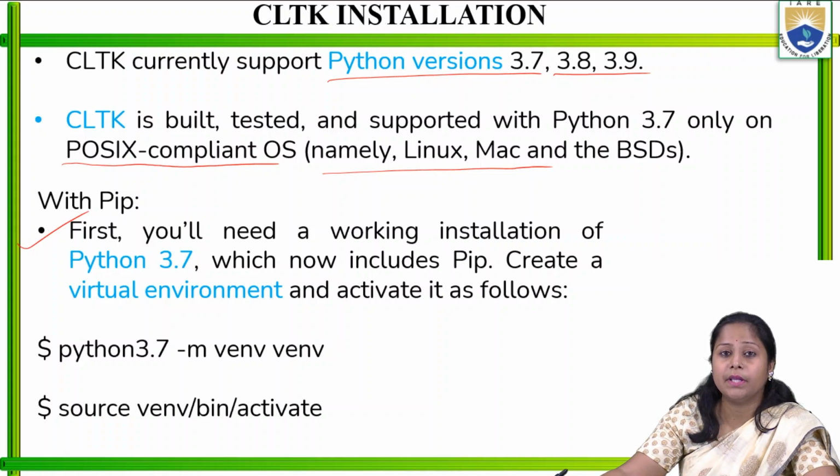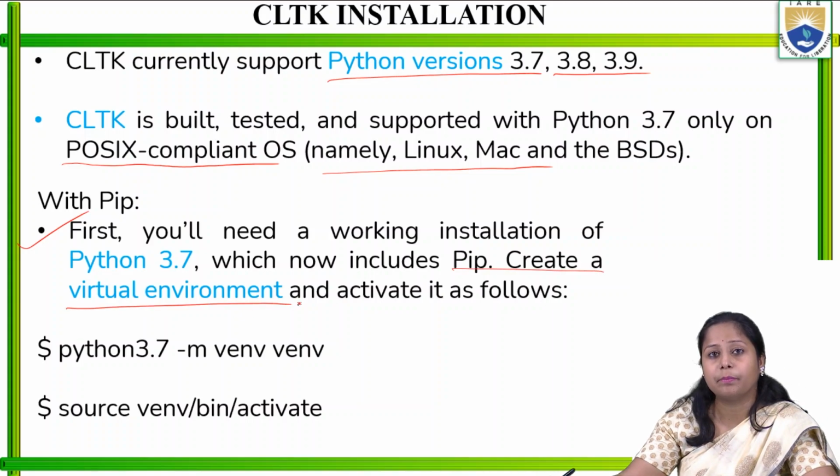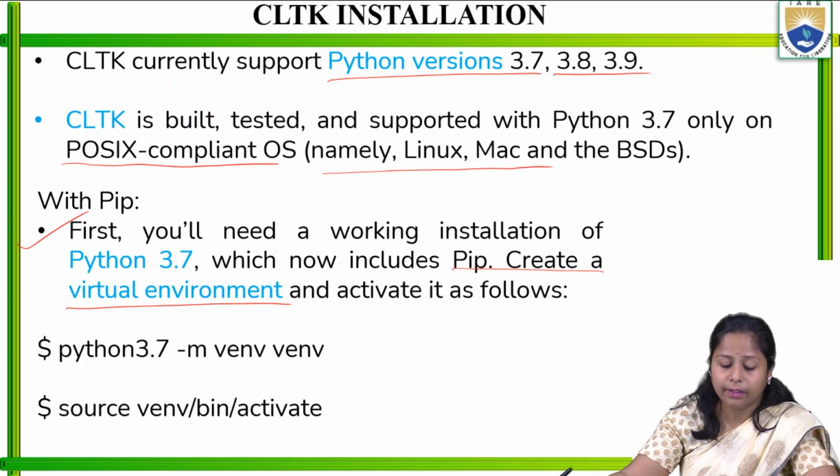A virtual environment means we give the path to run the different modules of the Python libraries that will be used in CLTK. So with Python we need to install a different environment for this Python 3.7, and then we need to activate it.